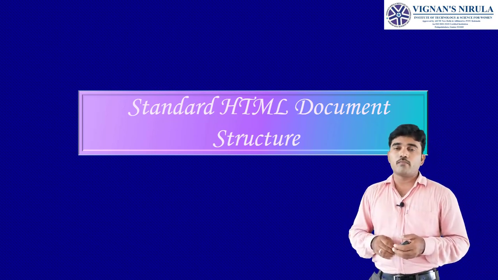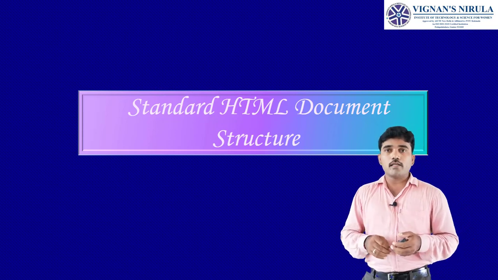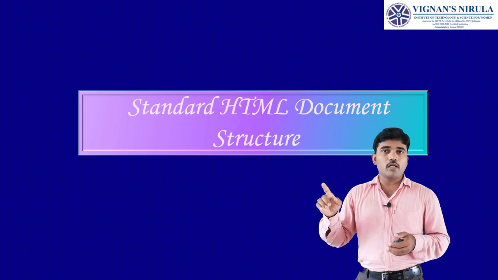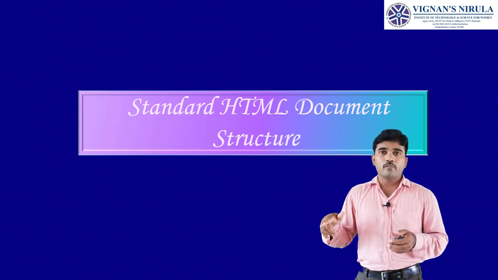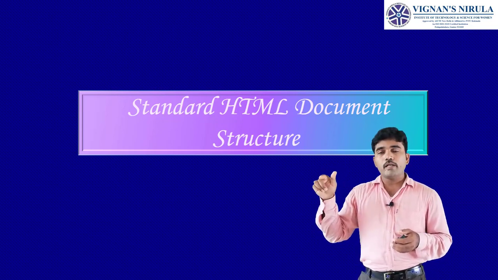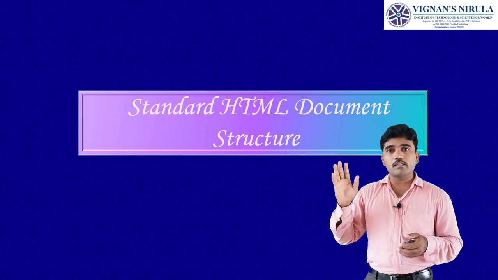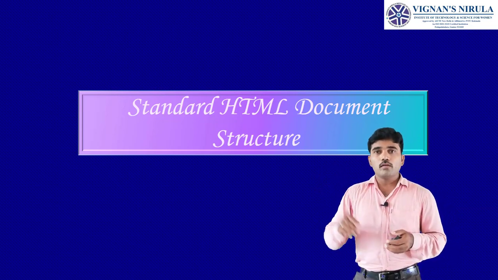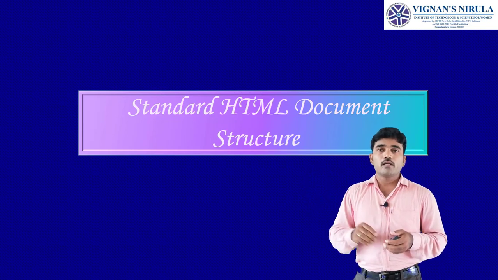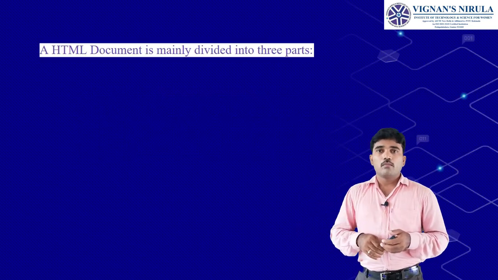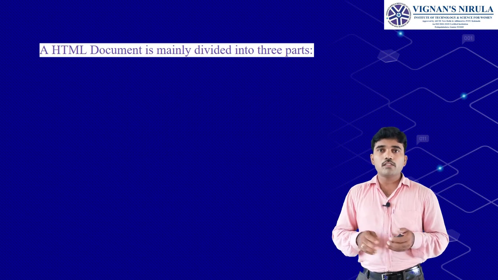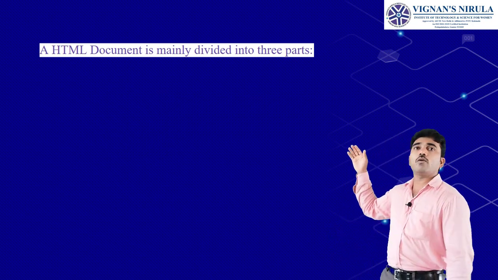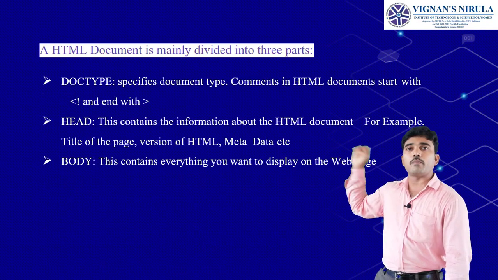It is the first section, and the next section starts with HTML, followed by head. Every HTML document must have a head section where we insert the title of a web page. The last one is body, which is the body section. So HTML documents are majorly divided into three parts.